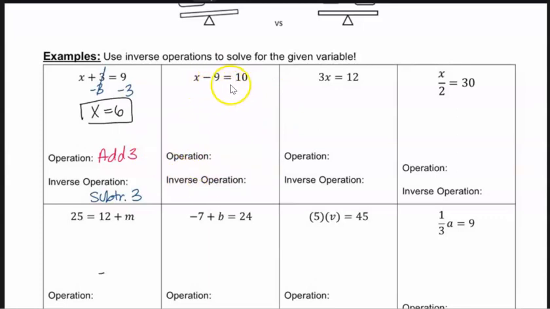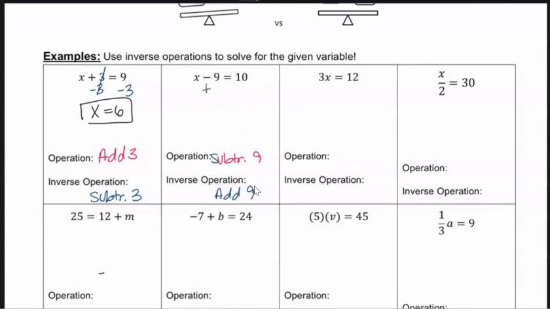We have x minus 9 equals 10. In this case, we're starting with a subtract 9. And the opposite of subtracting is adding. So we're going to add 9 to both sides of the equal sign.